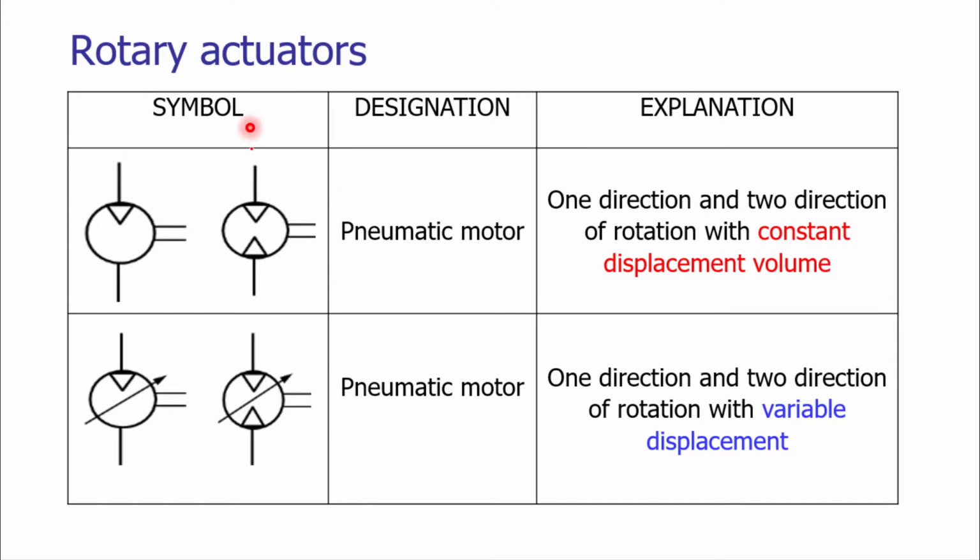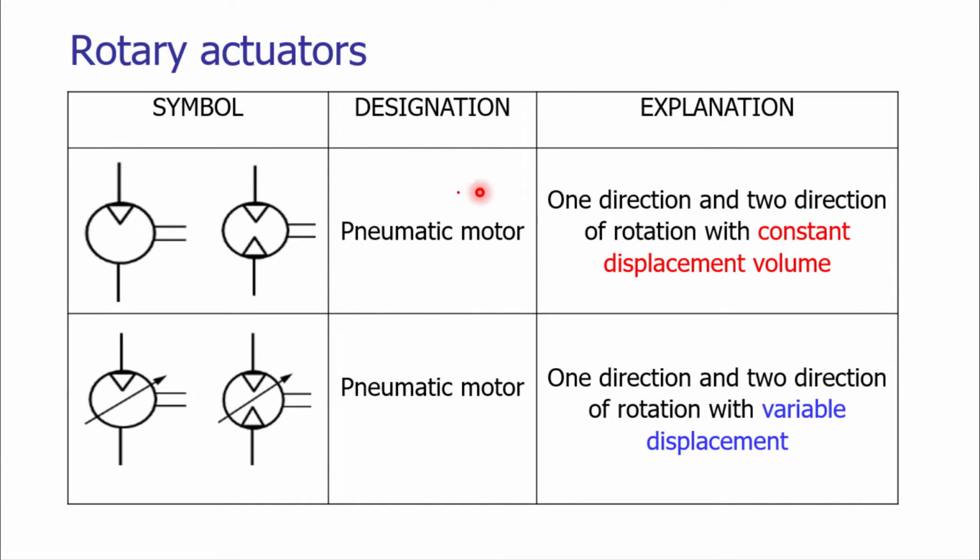Now the rotary actuators can be designated using the symbols which you can see on your screen. We use a circle with a triangle, and the direction of the triangle is opposite to the direction of the triangle for the compressor. So it is an actuator which is driven by compressed air.